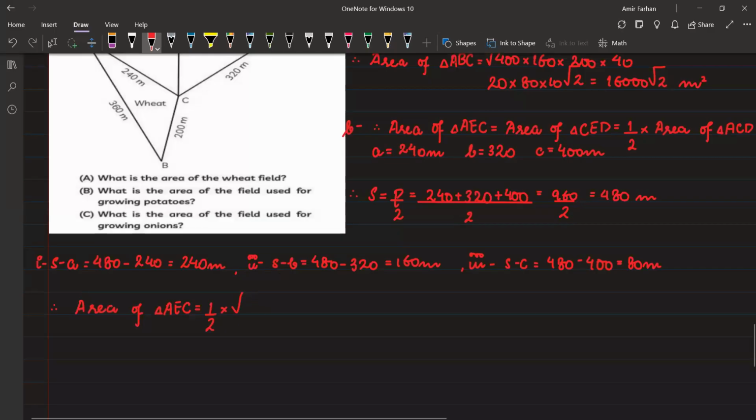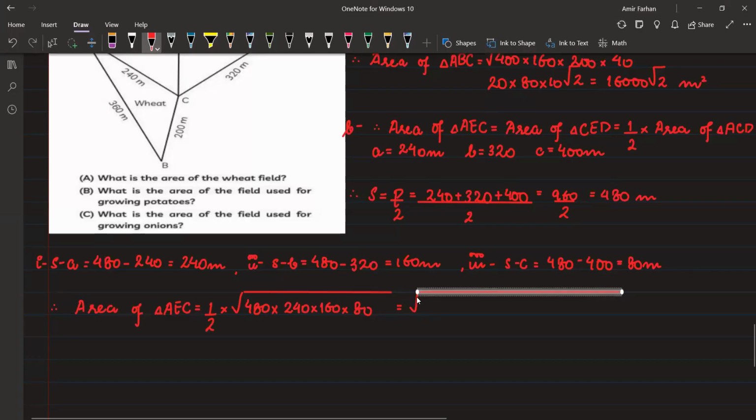I'm going to substitute the values directly. So 480 into 240 into 160 into 80. ठीक है. So just factorize it so that we can take the things common out.